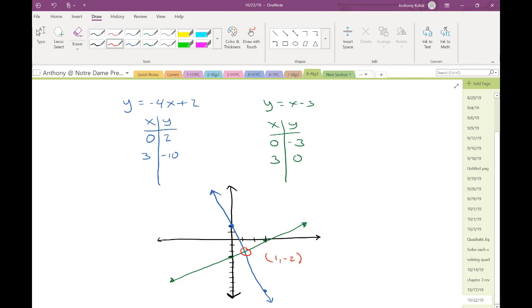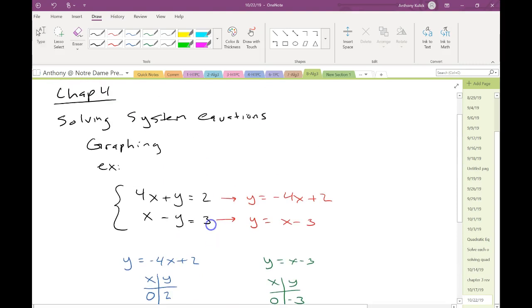Now, are we positive that it's 1, -2 just from looking at the picture? No, right? That's going to be a little bit of an estimate. Is there a way that I could check to see if my estimate is actually correct? Sure. How would I do it? Go back to the beginning here and plug it in and see if it actually satisfies the equation.